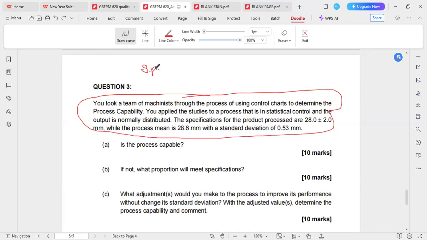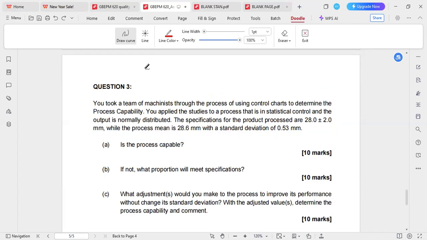So we have what we call specification limits. So we have the upper specification limit, and of course, upper specification and lower specification limit.